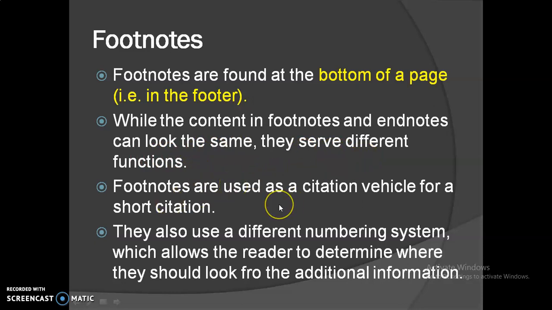Footnotes are used as a citation vehicle for a short citation. They also use a different numbering system which allows the reader to determine whether they should look for the additional information. There are other things which we have to consider while preparing footnotes.